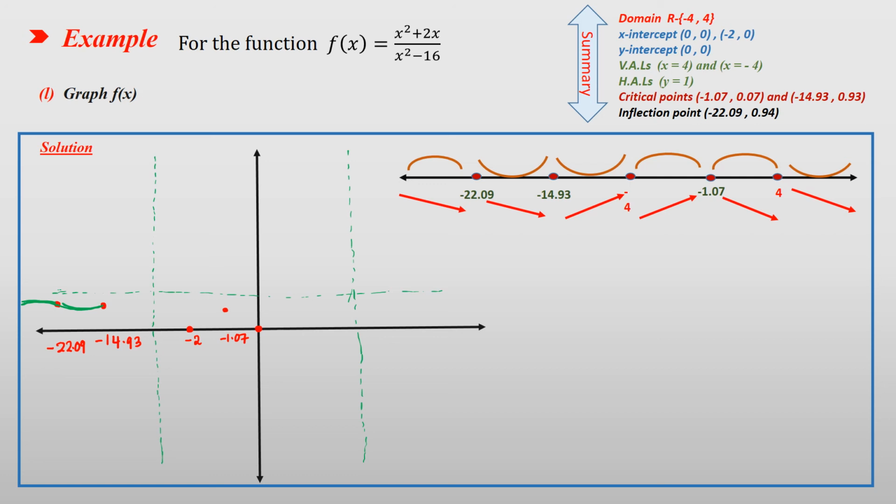After that, it's increasing and concave up, and negative 4 is the vertical asymptote line. So we have it like this.